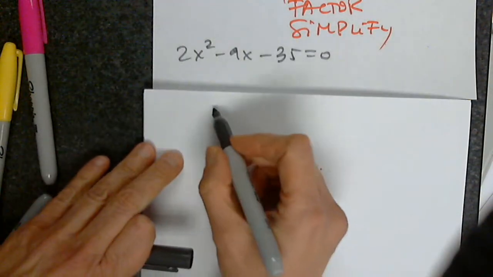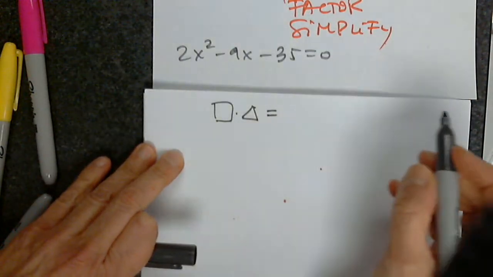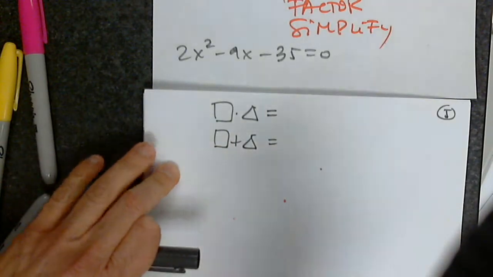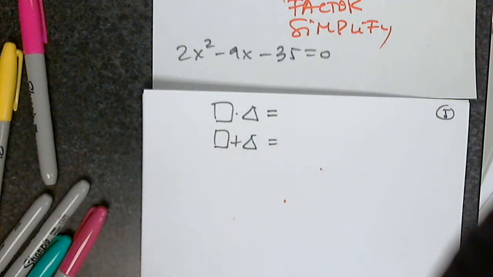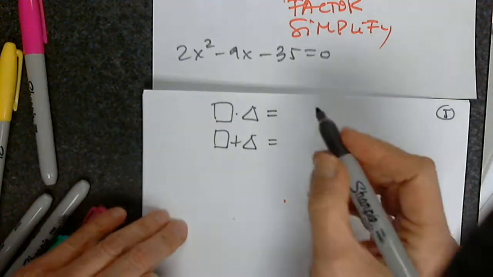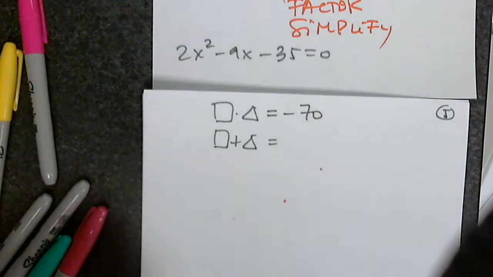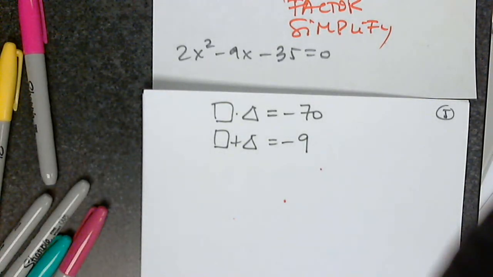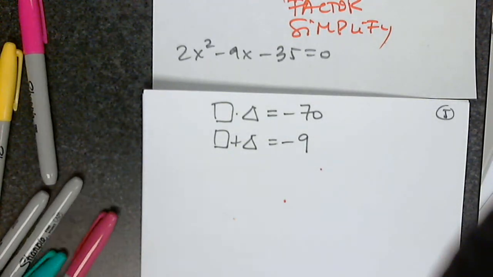Okay. How do I do it? So we need to find two numbers whose product is, and the same numbers whose sum is. Careful, the sign is crucial. The sum is negative 9. Again, you can say 70. Oops, such a big number.